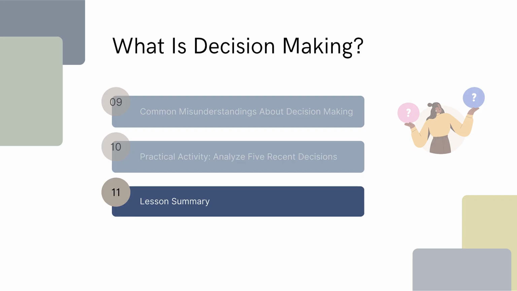Lesson summary. In this lesson, we define decision-making as the intentional process of selecting a course of action from 2 or more possible alternatives. A decision usually contains an objective, alternatives, criteria, constraints, consequences, and a selected action. Through Omar's community garden, we saw that a choice that initially appears simple may involve several competing goals and practical limitations.